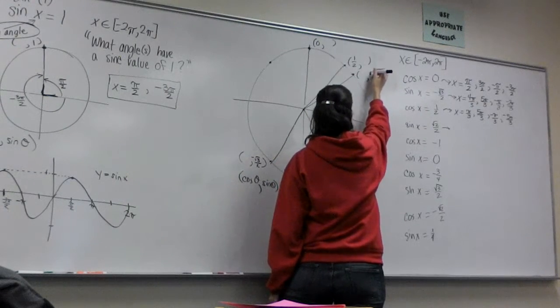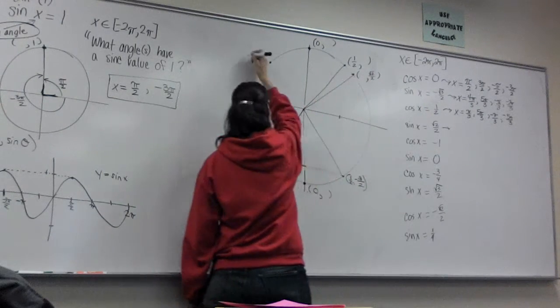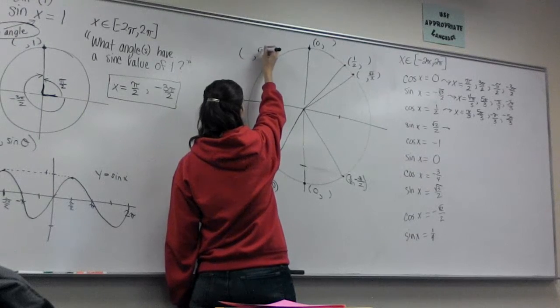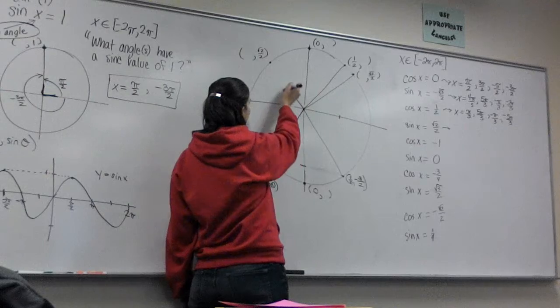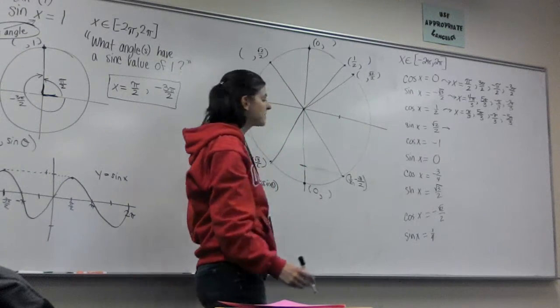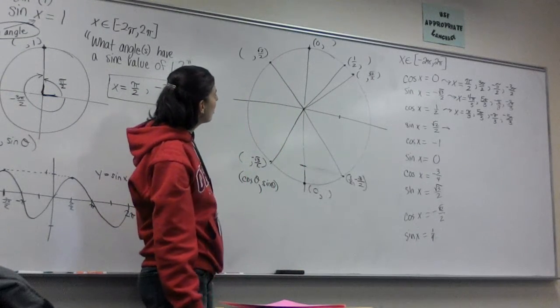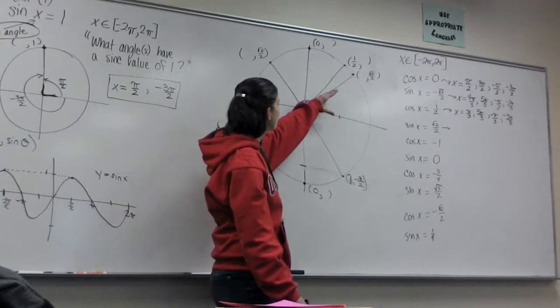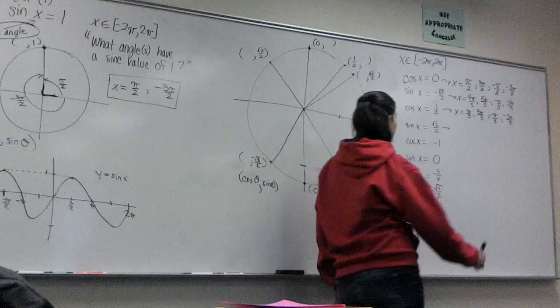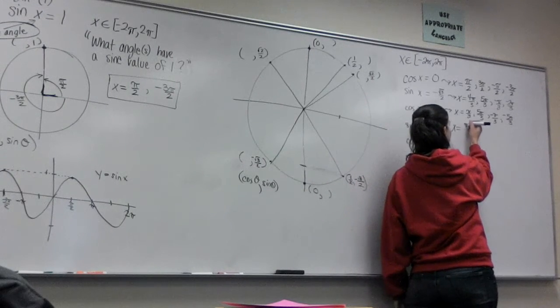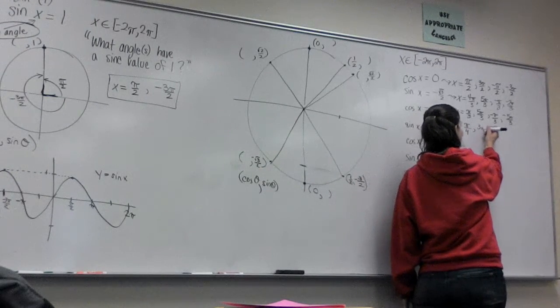So the second number is square root of 2 over 2 at these two positions. It's getting a little confusing because I have lots of lines drawn here. What are those position angles? This one is pi over 4. What's that one? 3 pi over 4. Good. So x is pi over 4 and 3 pi over 4.